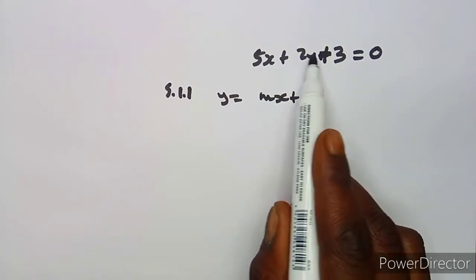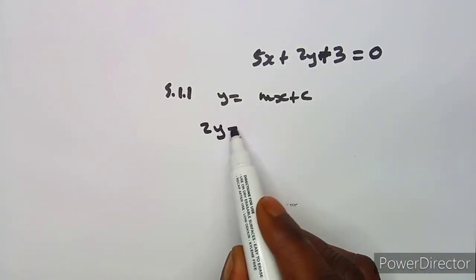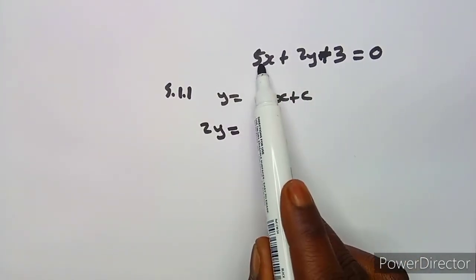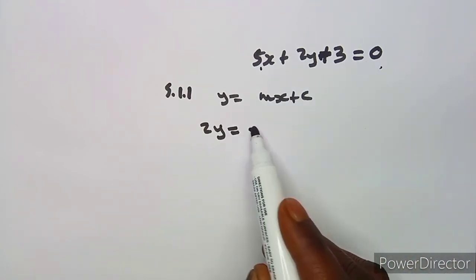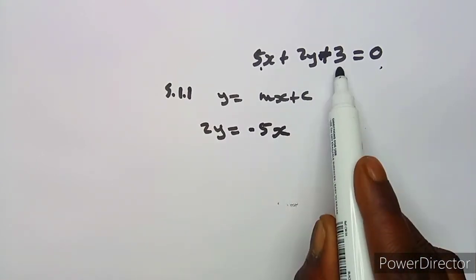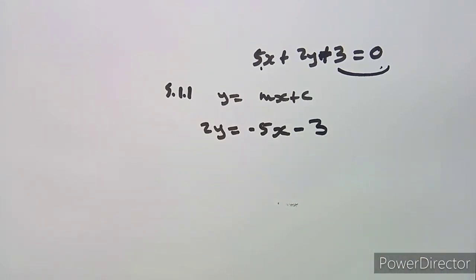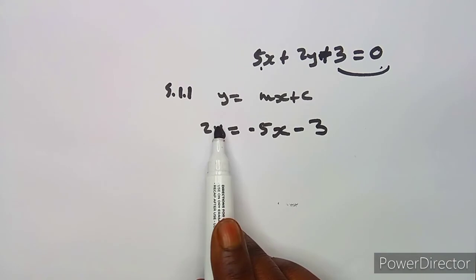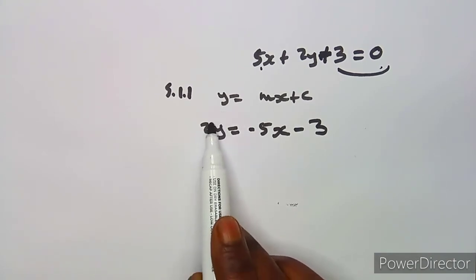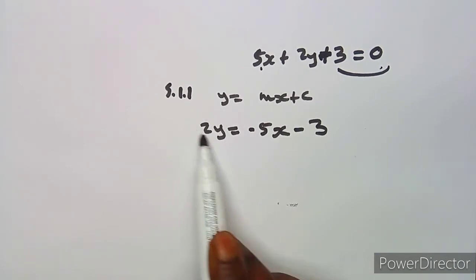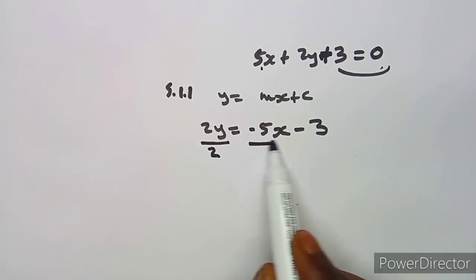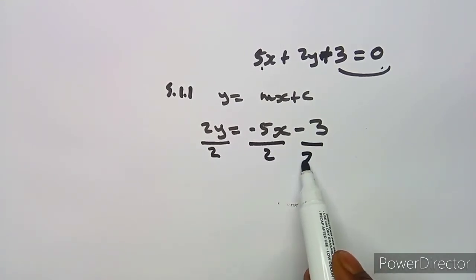So that's going to be 2y is equal to, transposing the x to the other side, minus 5x, and the 3 to the other side, which is minus 3. But still, there is no y here, there is a 2y. So how are you going to remove this 2? We divide by 2, by 2, by 2.